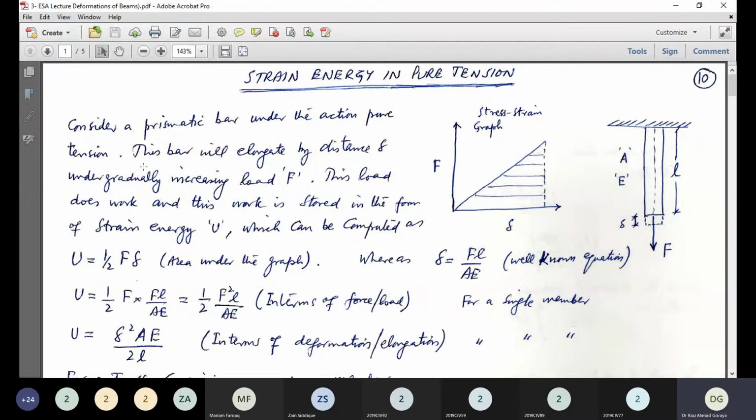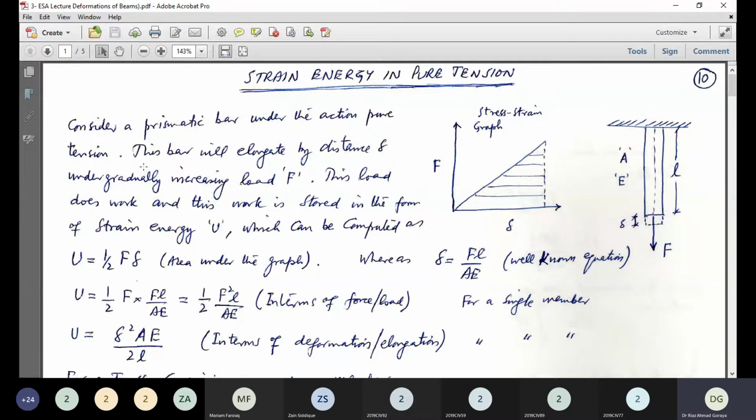From your earlier knowledge, you know that we apply the strain and get the stress. Stress is actually resisting internal force acting per unit area. So we apply a strain. What do we do? We try to elongate a bar, isn't it? Either we are applying tension, what are we going to do?